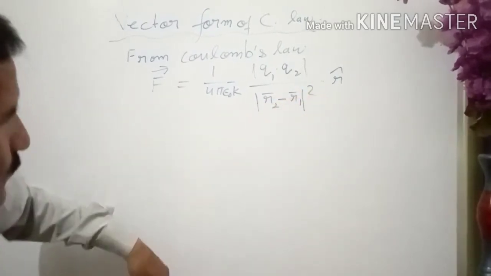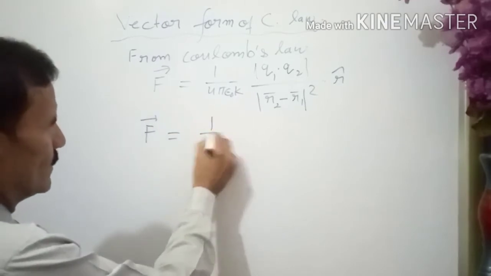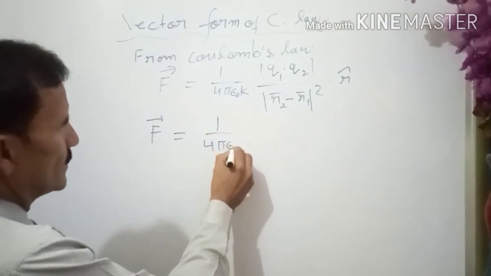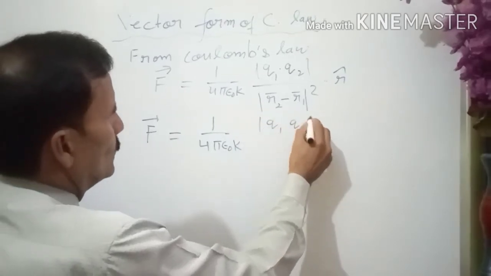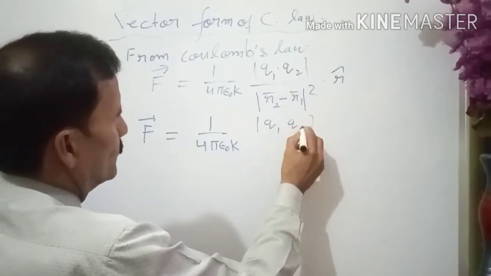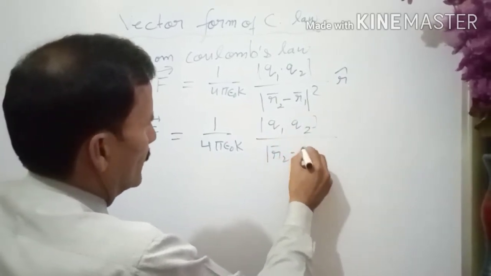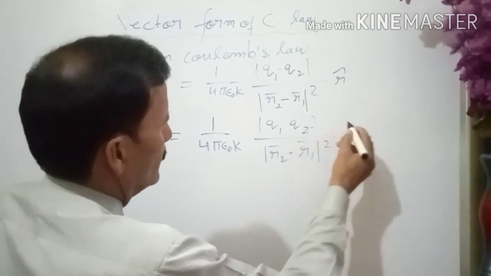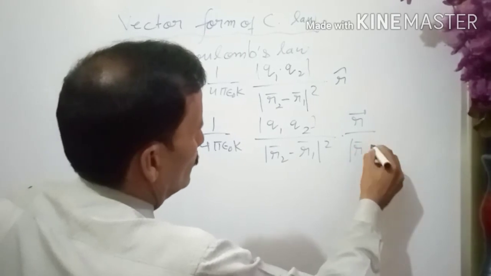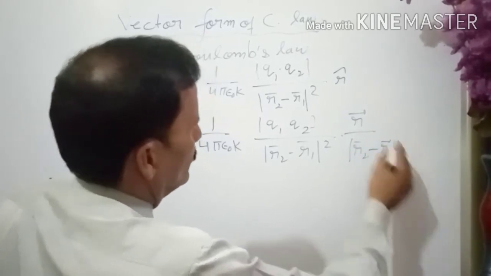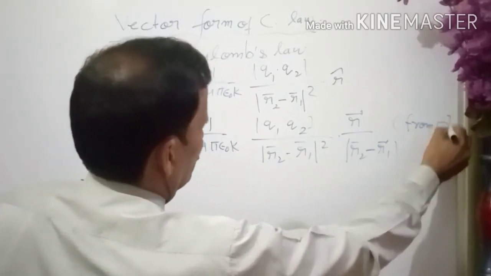Now put the value from 1, and you will get vector F with direction also: 1 upon 4 pi epsilon naught K and modulus of Q1 Q2. These are scalars, so we are not putting vectors here. And this is R2 minus R1 whole square, and here r upon modulus of R2 minus R1, the value taken from result 1.